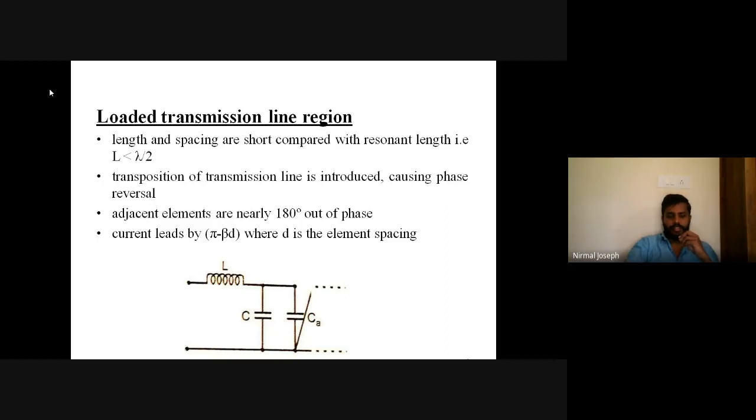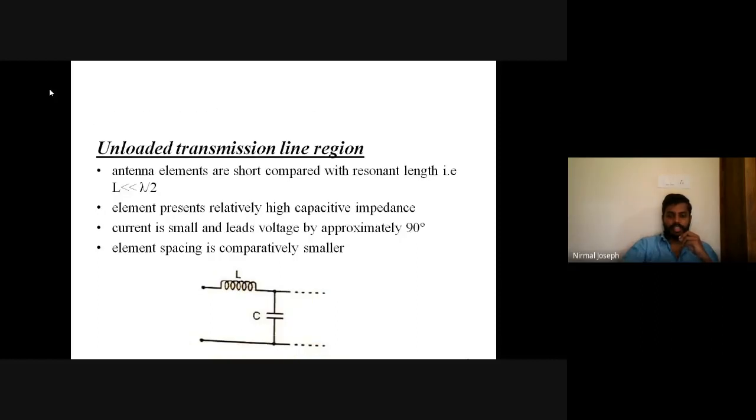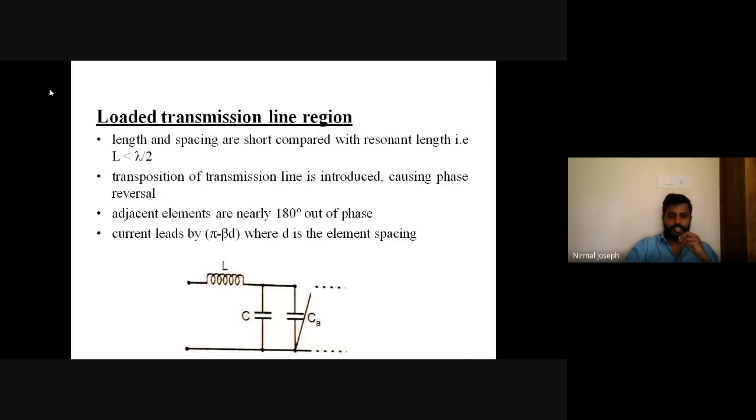There we were having one capacitance only, then it was just continuing as the number of elements increases. Here we are having two capacitances, and you can see one line here. It is further connected to another capacitance. So these things will limit the entire value. The entire value will be limited to a particular constant value.